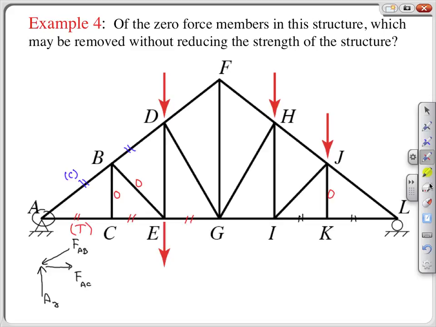Because of the results of the collinear equilibrium component equations, AC, CE, and EG are all in tension, and BD and AB are both in compression. A similar examination of joint L indicates HL is in compression, and KL and IK are in tension.